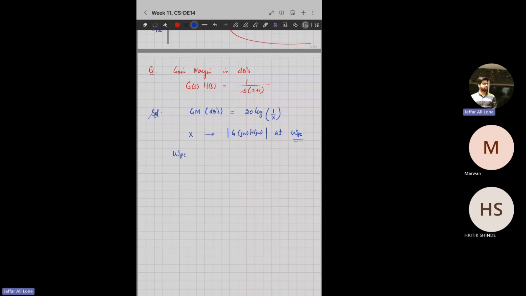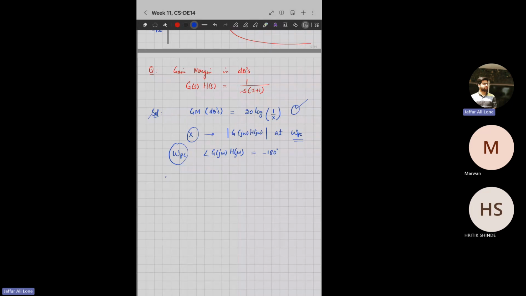It is the frequency when my phase is minus 180 degree. Correct? So basically I need omega PC. From omega PC, I'll calculate x. From x, I'll calculate gain margin. Correct? But as of now, I don't know what omega PC is. Right? So how will I find it?